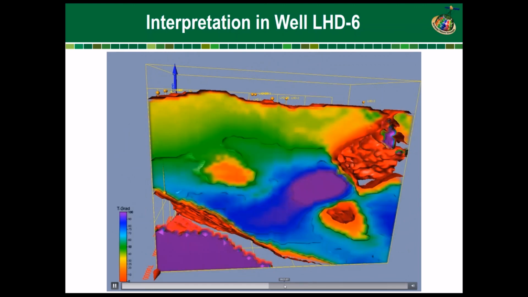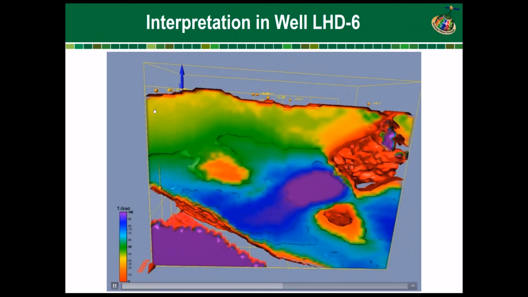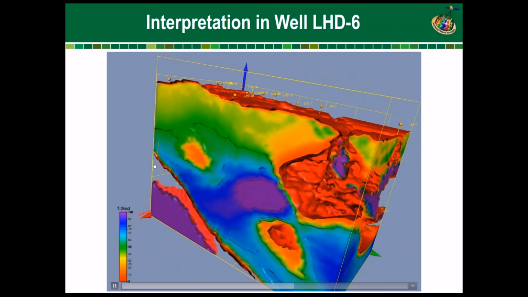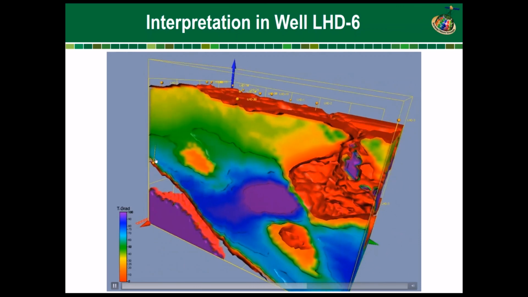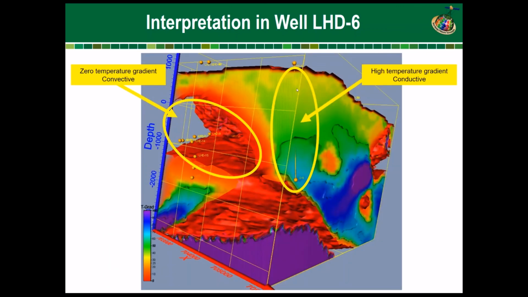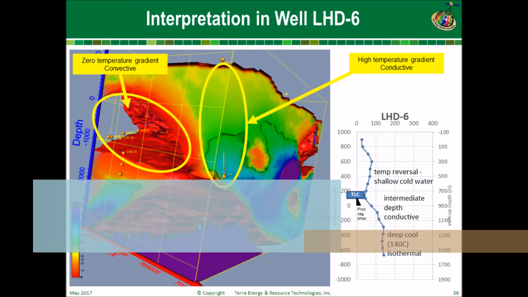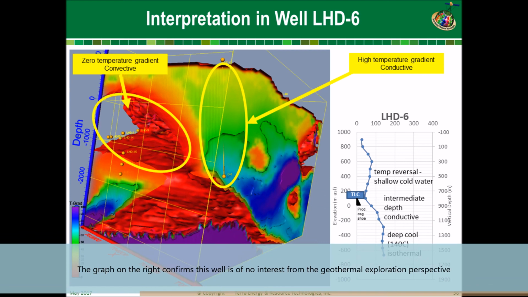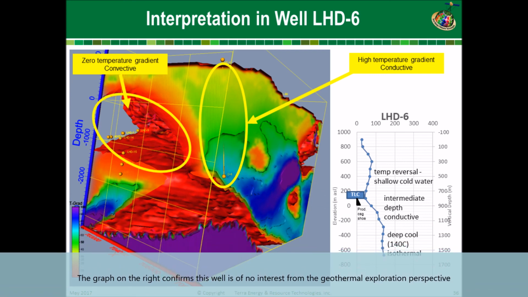And as such, this well is most likely not of interest to us. To summarize it, LHD 6 is a well that has high temperature gradient and is behaving like a conductive well. The graph on the right confirms that this well is of no interest from the geothermal exploration perspective. It is purely conductive.